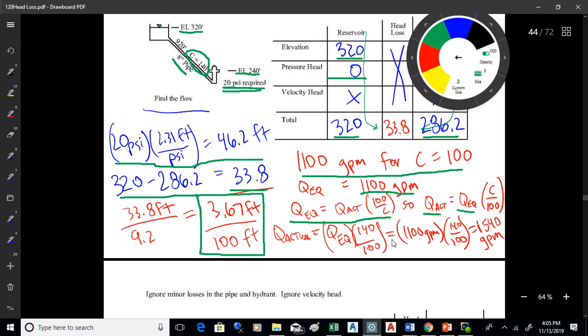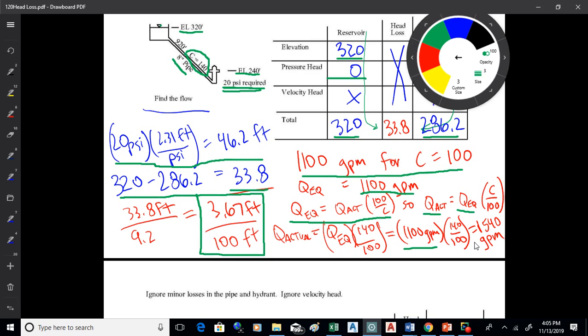All right. So what we've got here is the equivalent flow that we used on the table was 1,100 gallons per minute. That would hold for C100 pipe. But we're going to factor that by C over 100, 140 over 100, and get 1,540. That's the actual flow you could get through the smoother C140 pipe.